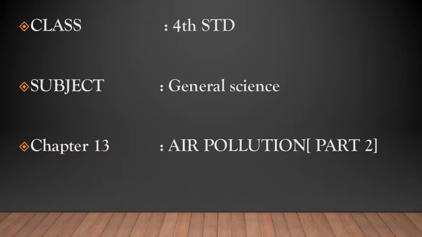To check the degree of air pollution, there is something called the air quality index, which can tell us how bad the air is. What are the harmful gases present in the air which act as air pollutants? Carbon monoxide, ozone, lead, nitrogen dioxide, particulate matter, sulfur dioxide, methane. This was told to you in the previous class.